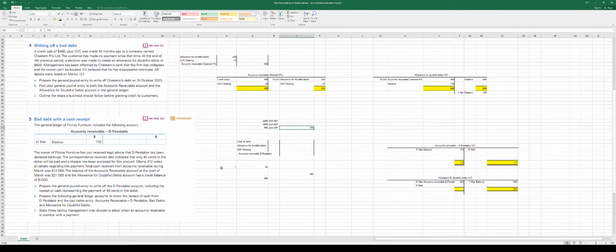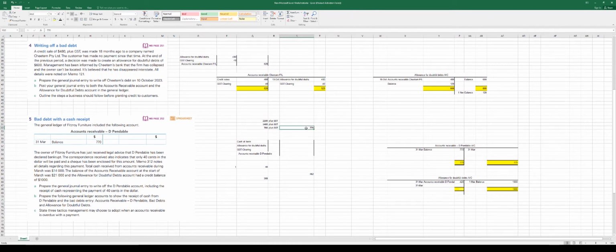Okay. Now they are saying that the correspondence received also indicates that only 40 cents in the dollar will be paid, right? So 40 cents in the dollar means 40% of whatever they are owing us will be paid in cash.